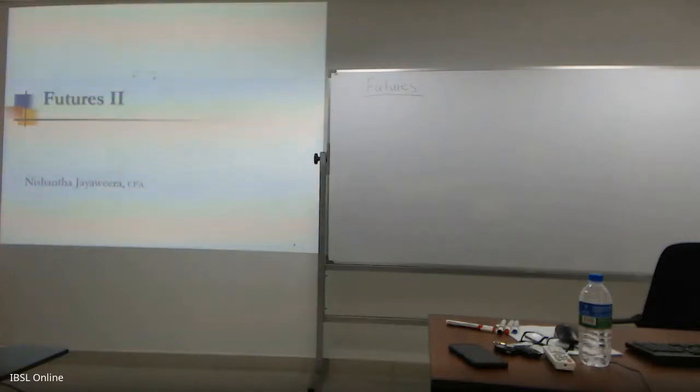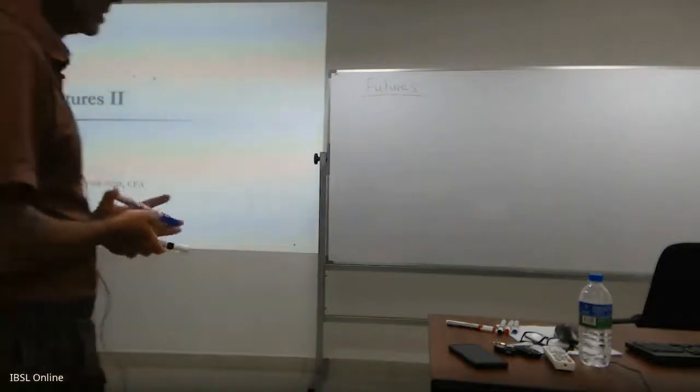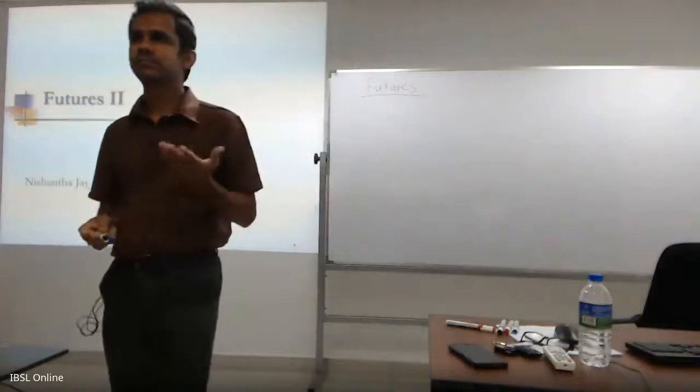Okay. Then, what is the future date that we are referring to in futures? Any date which falls beyond the regular settlement. That is the meaning of future. It should be a settlement date which falls beyond the regular settlement date. So futures and forwards are basically the same.